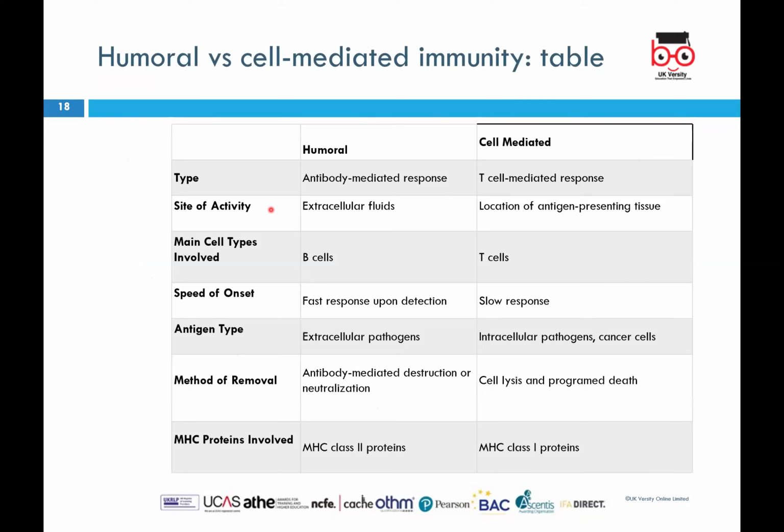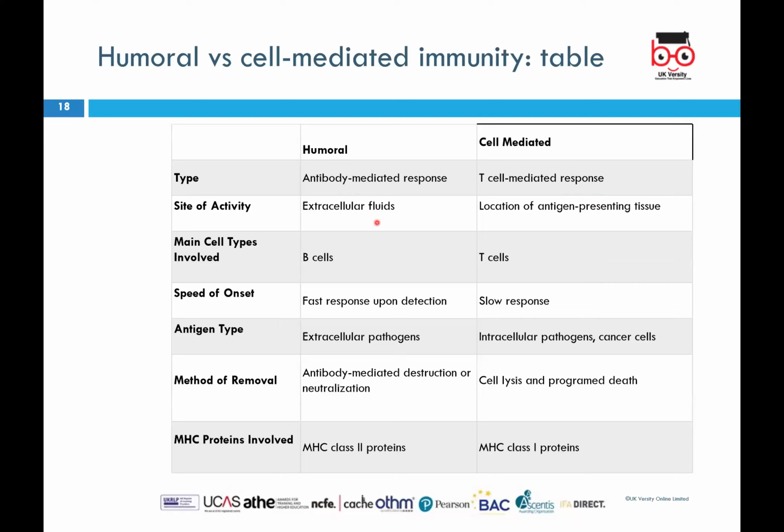This is a very good table to show you how this whole humoral versus cell-mediated immune system works. Humoral immunity is through antibodies, whereas cell-mediated immunity is through T cells. Where does the humoral immunity arise from?